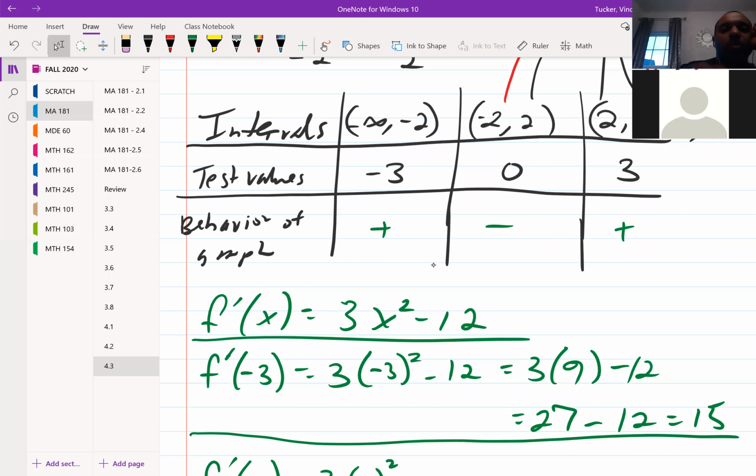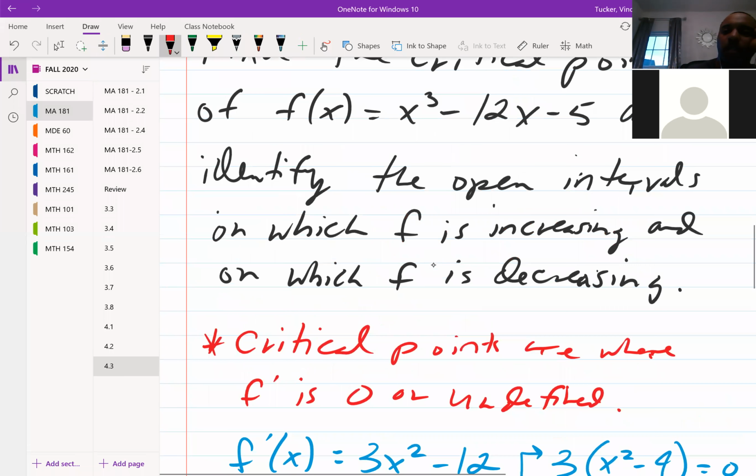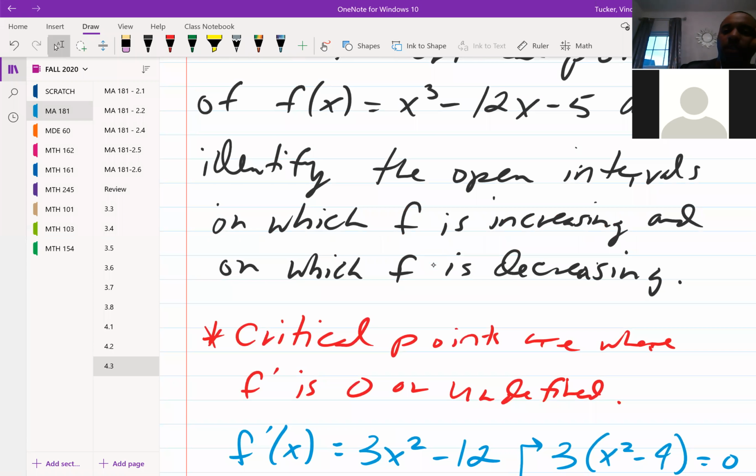So we would take what we see here. That means it's increasing on this interval, decreasing on this interval, increasing on this interval. And what exactly they wanted from us was to identify intervals and on which interval it's increasing or decreasing.